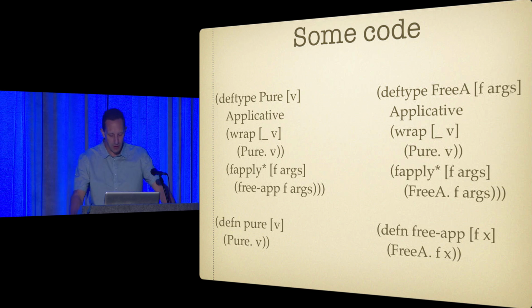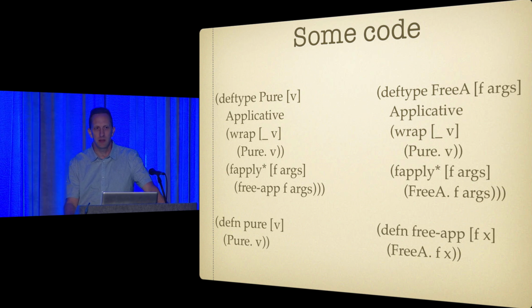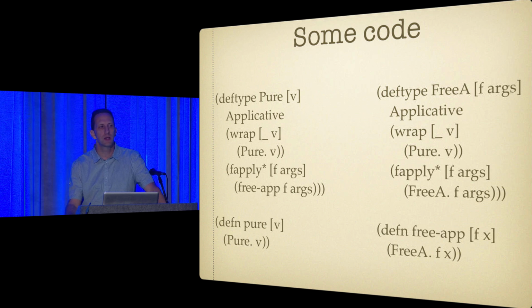And it implements the applicative interface, which is the two functions wrap and fapply star. The only thing it does with wrap is take the new value v and create a new record structure. And with fapply star, it calls that free app function, which is defined in the lower right.